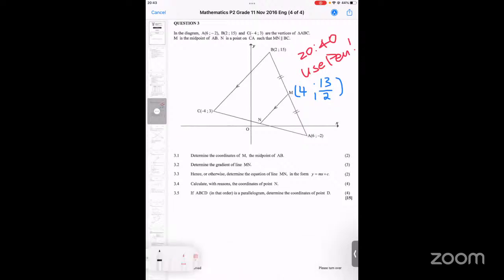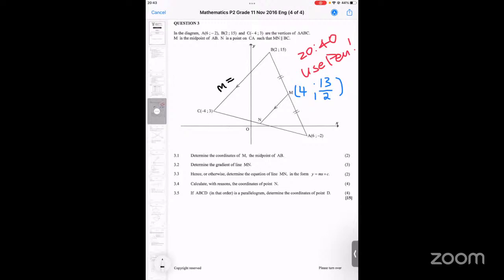So what you can do is calculate the gradient of that line. Then you will know that the gradient of that line is the same as the gradient of MN. Let me calculate it on my side using the fraction pattern.